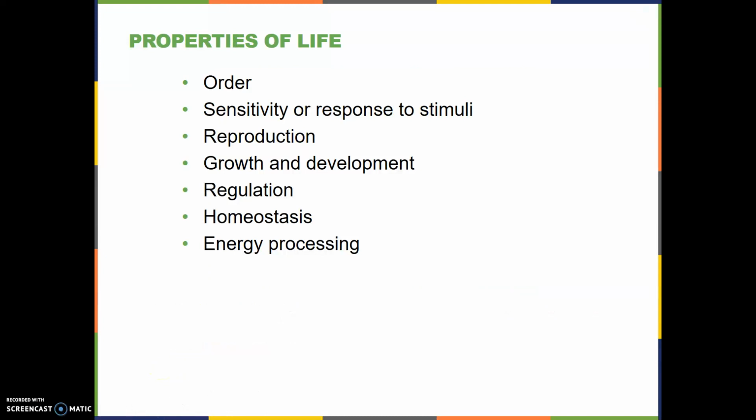Now we're moving on to, since this is biology, the study of living things, we're going to talk about the properties that all living things have in common. So what properties do all living things share, no matter what type of living thing it is, from a bacterium, which is just a single-celled organism, to a human, which is, well, trillions of cells, basically.